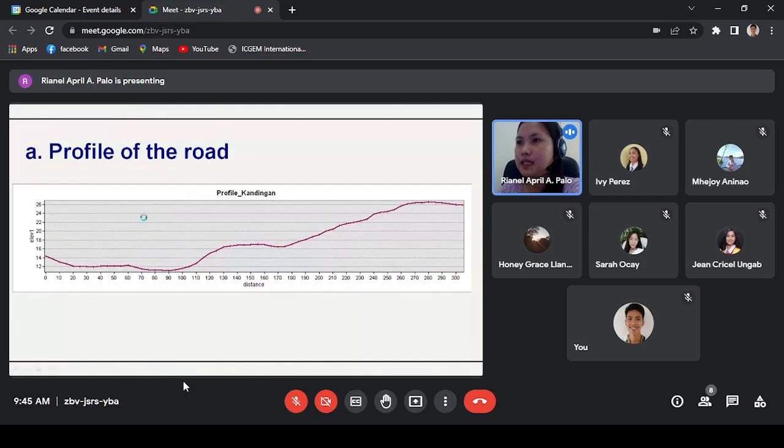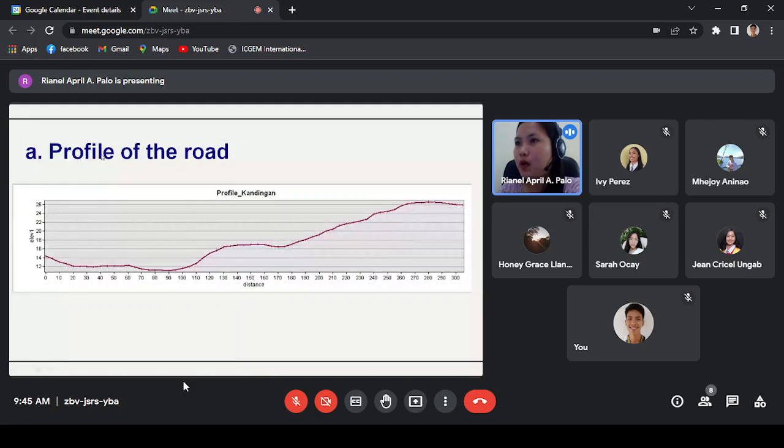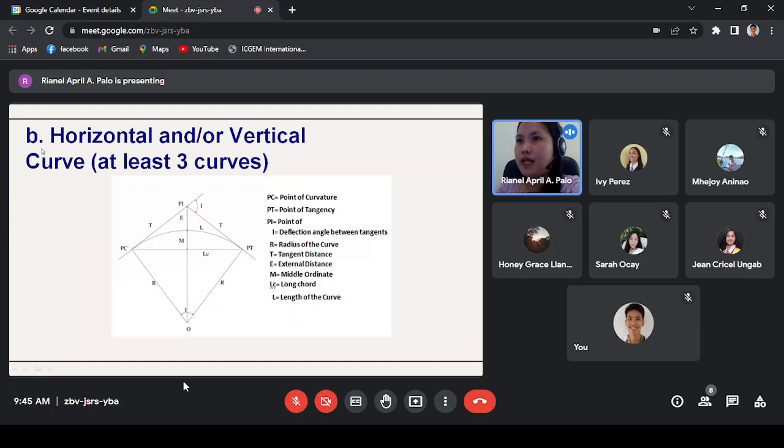Then, sa requirements sa PDF file na i-post, we're required to create a profile sa road. So, sa profile sa road, ang atong X is the horizontal distance along the curve, then ang atong Y is the elevation. The next is the horizontal and vertical curve.